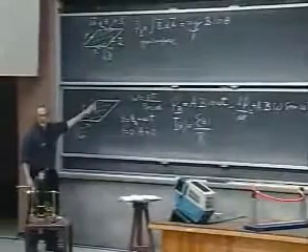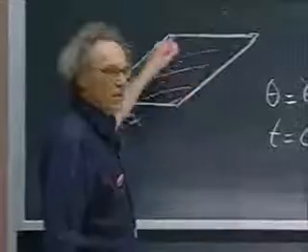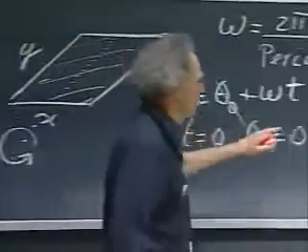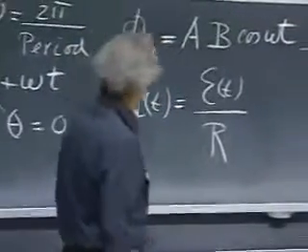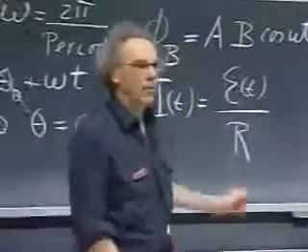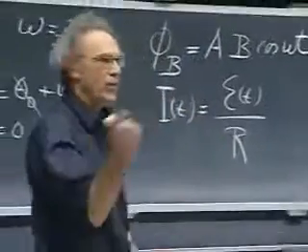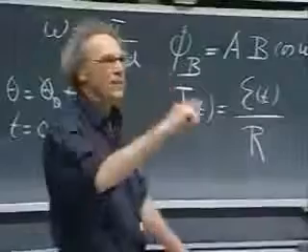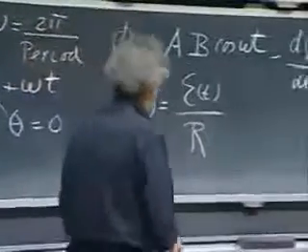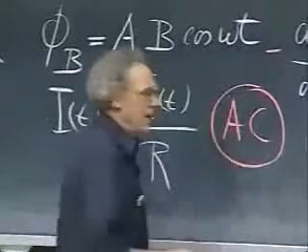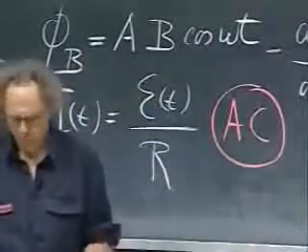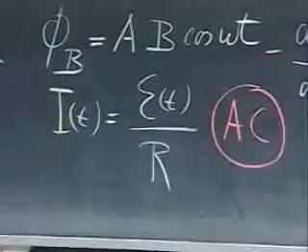There could be light bulbs in there, there could be resistances in there, it's the total resistance. And this current, when I rotate this loop, is going to alternate in a sinusoidal fashion. And we call that alternating current, AC. That's what's coming out of the wall. AC.